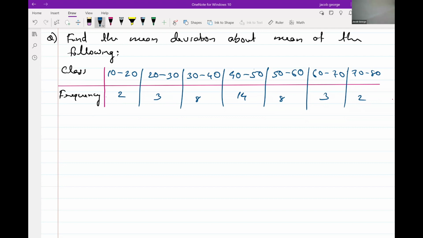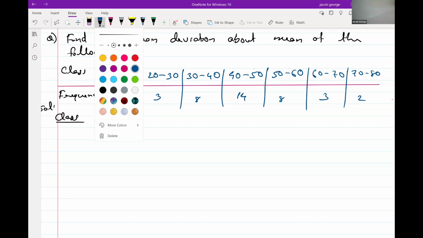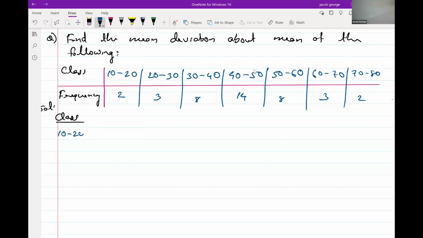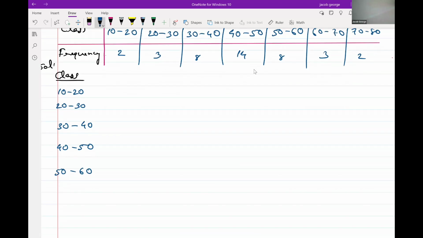So here also we start by writing the vertical columns. First column, class, and second column, frequency. We copy the classes and frequencies. Classes are 10 to 20, 20 to 30, 30 to 40, 40 to 50, 50 to 60, 60 to 70, and 70 to 80.